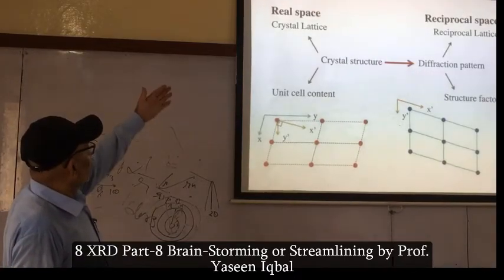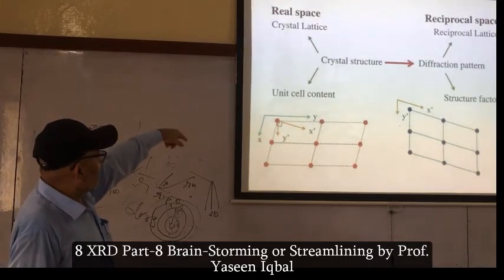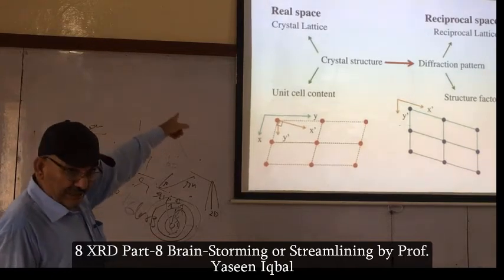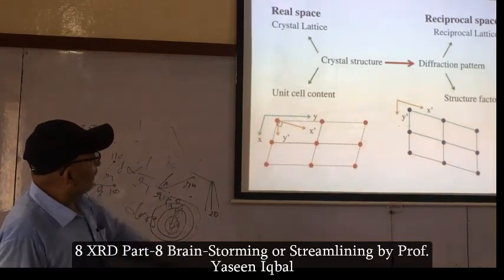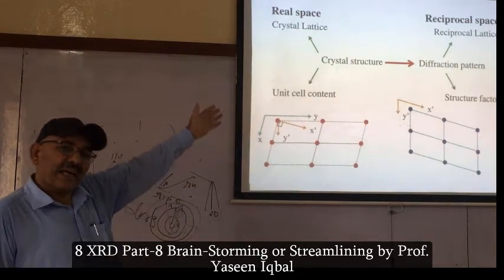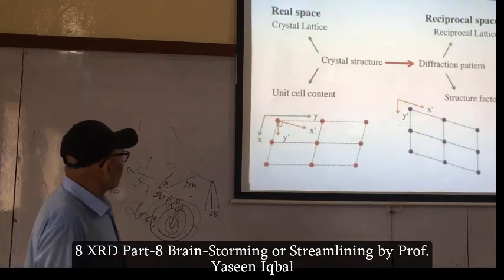I am trying to tell you that in real space you have the crystal lattice, unit cell content and crystal structure, and in the reciprocal space you get the unit vectors there.